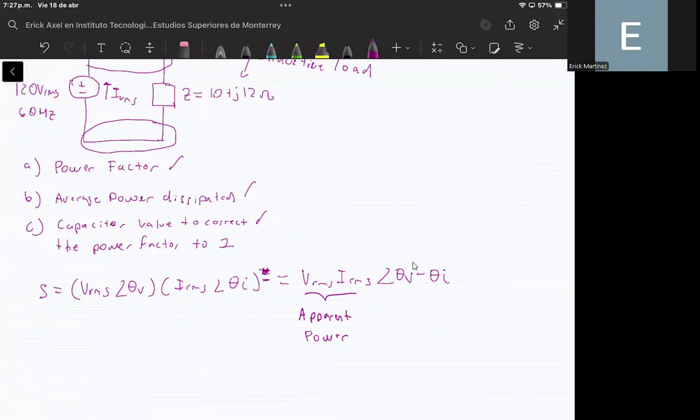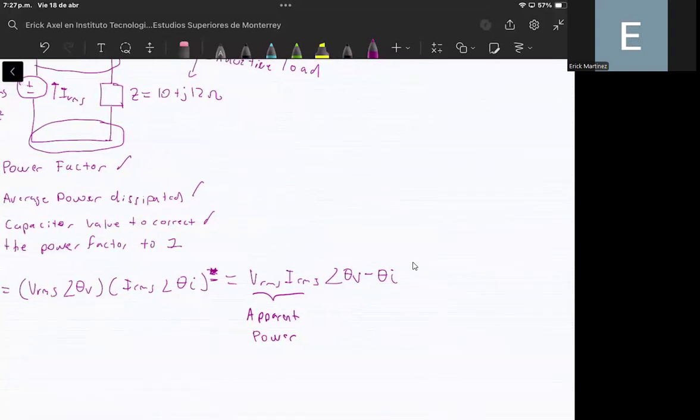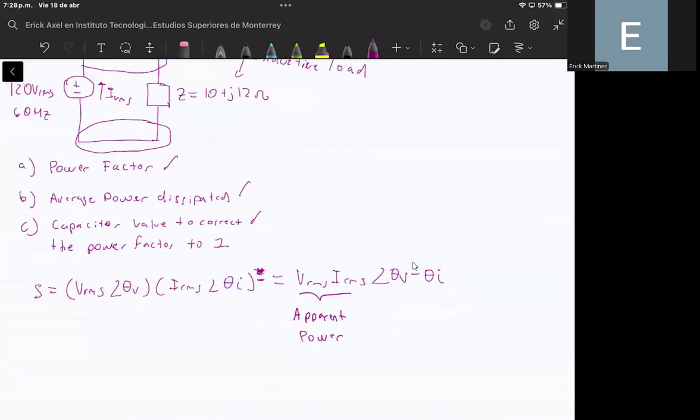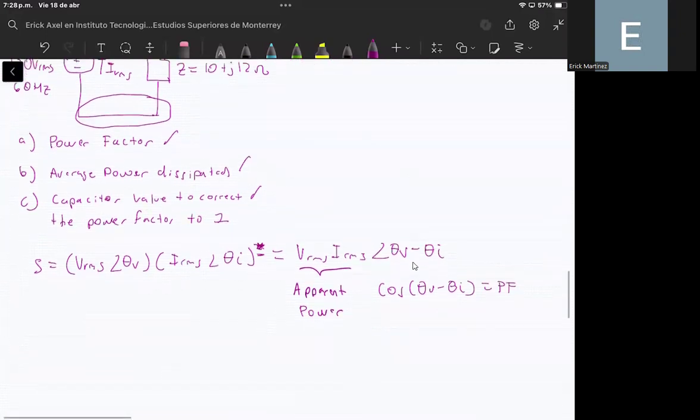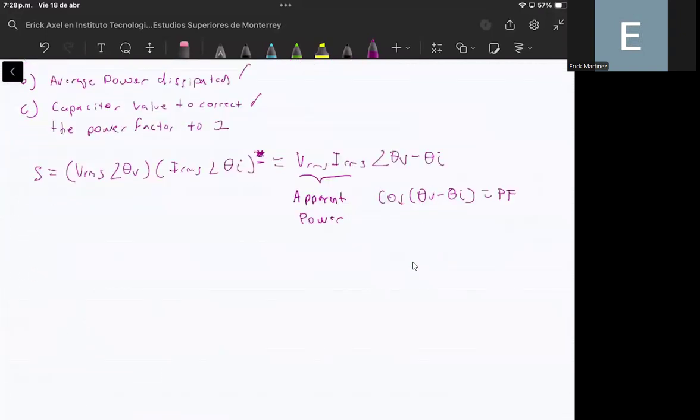And also, this angle, the result of subtracting the angle of the current from the angle of the voltage, when you compute the cosine of this phase angle difference, is equal to the power factor. Also, we can represent this complex power in rectangular form, and you will obtain a real part and an imaginary part.